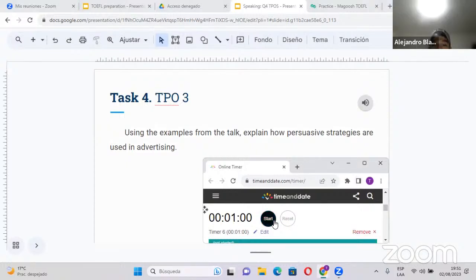Yes. Okay. The lecture discuss about advertising that many strategies are used to get people to buy products. And the teacher explains about satisfying people's needs. For example, that celebrity advertise products.